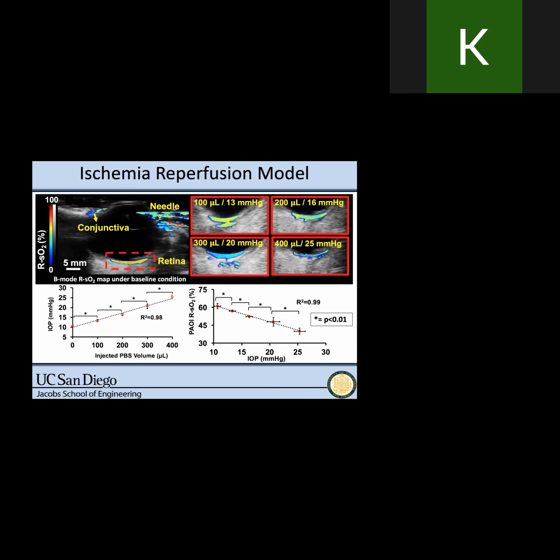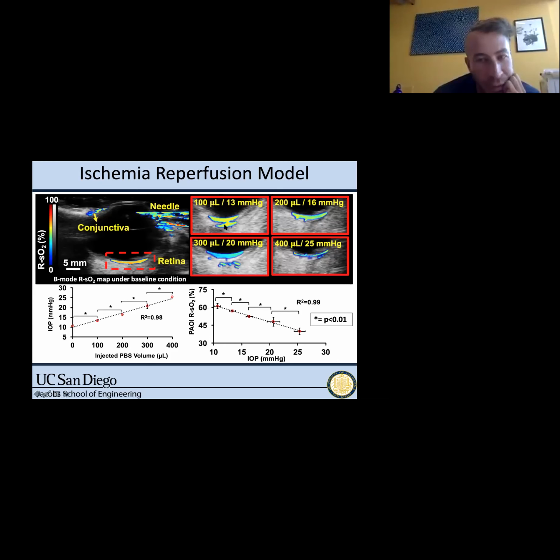Yeah, that's one of the things that came up. When we originally submitted this, I think in the title we had retina, and then one of the ophthalmologists said, you're actually imaging the choroid, an anatomical feature on top of the retina.